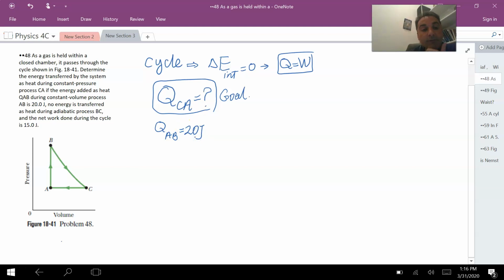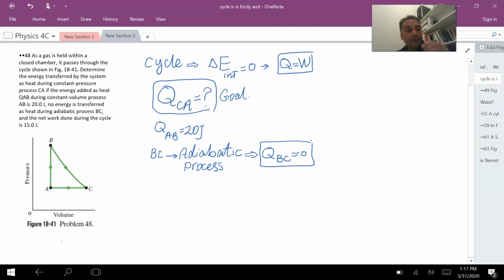Let's verify knowns and unknowns. No energy is transferred as heat during adiabatic process BC. What does an adiabatic process mean? It means Q in the path of BC is equal to 0.